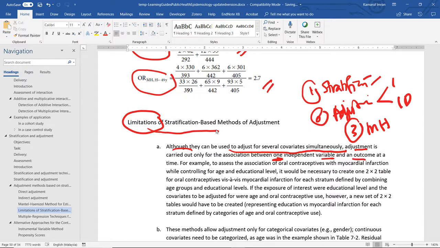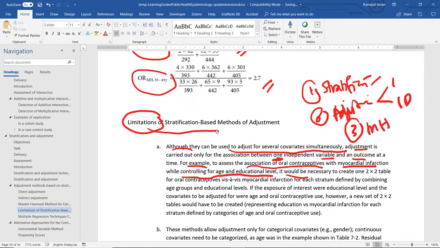All right. So, for example, the association of oral contraceptive with MI while controlling for age and educational level will be much more complicated.